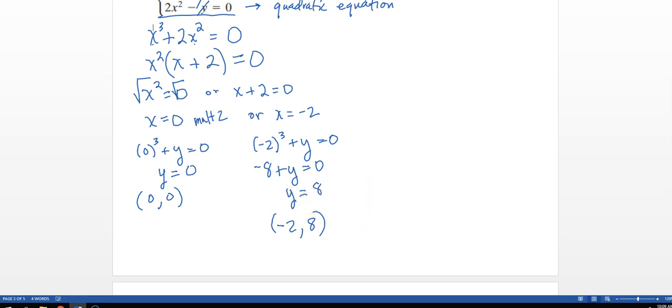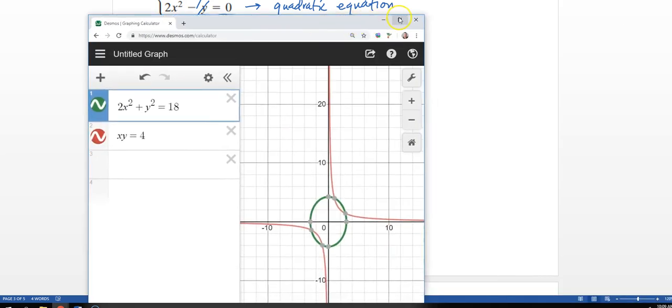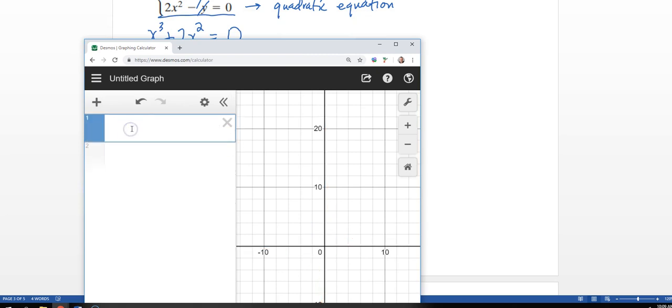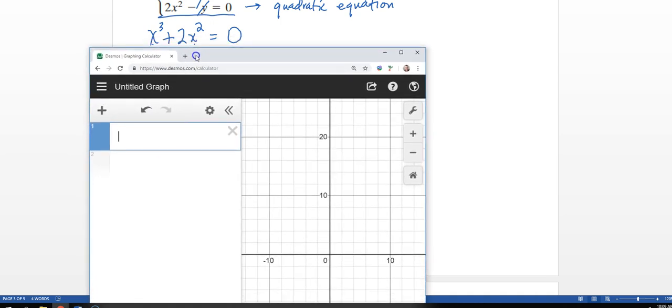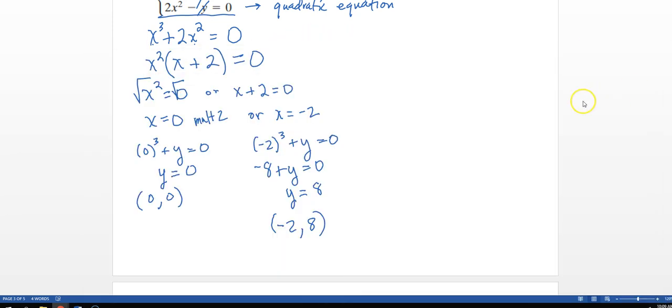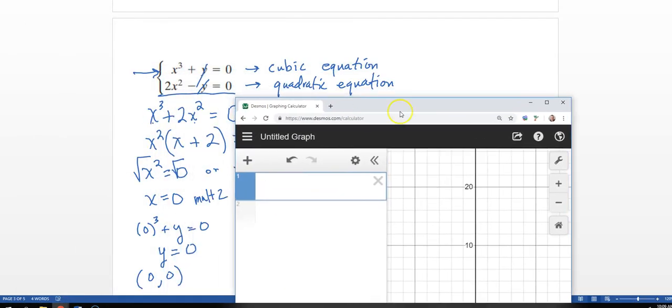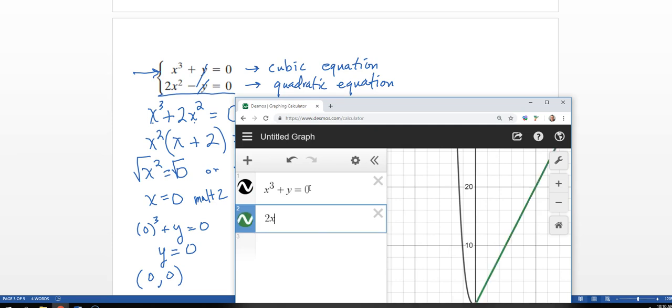And now let's take a look at that on the graph just to check our work. So the equations are x cubed plus y equals 0, and 2x squared minus y equals 0.